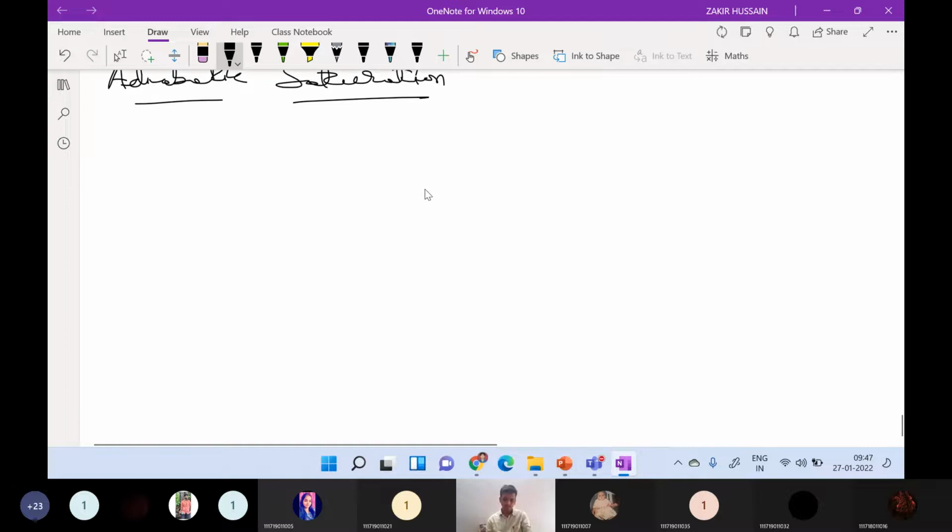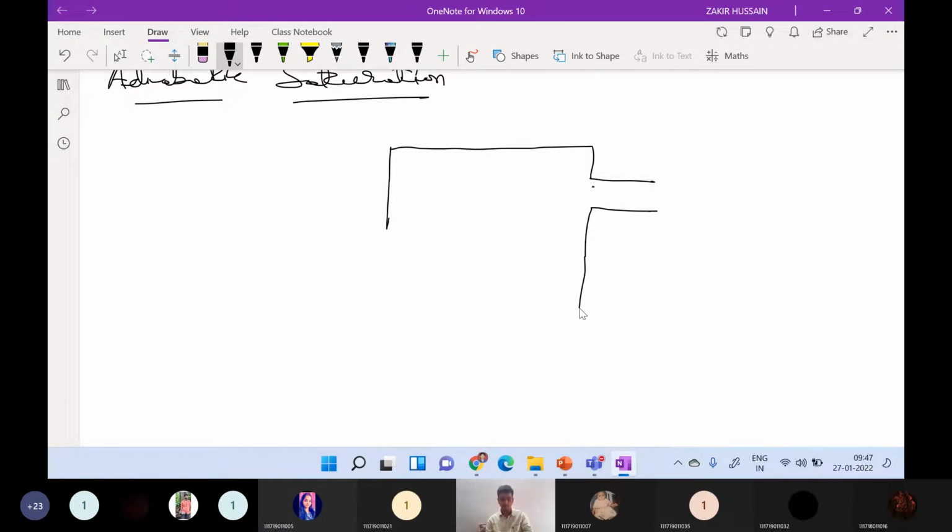So first of all, let us draw the figure. For example, there is a chamber, a humidification chamber. In this chamber there will be some means to let the air inside and some means to let the air flow outside.